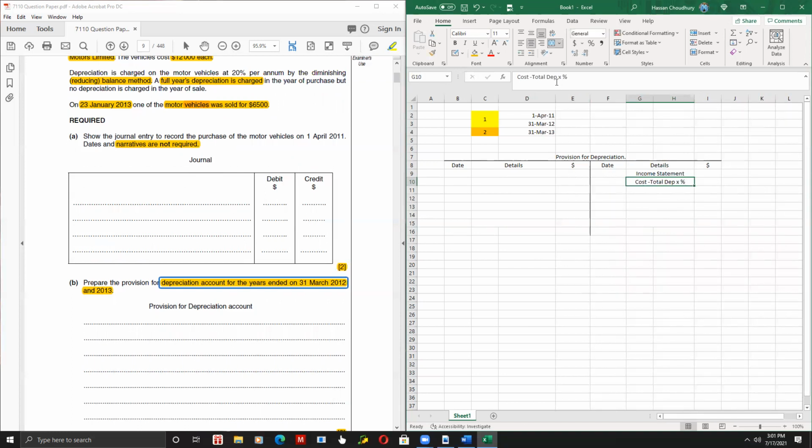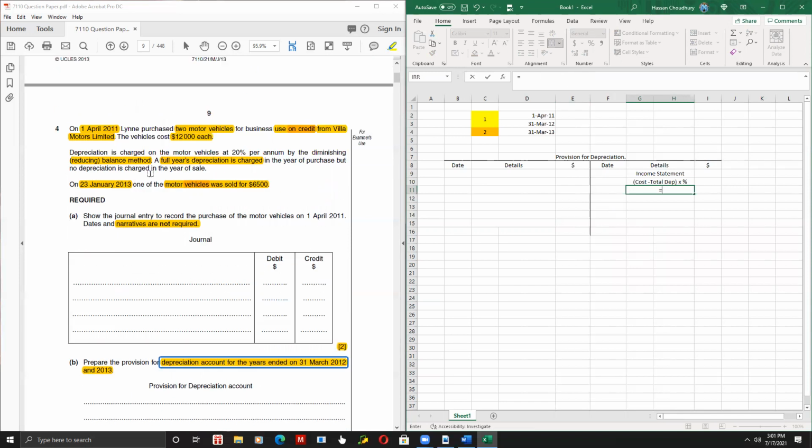Our cost in this case is 24,000, minus my depreciation, which is 0 because it's brand new, into percentage, which is 20% here.